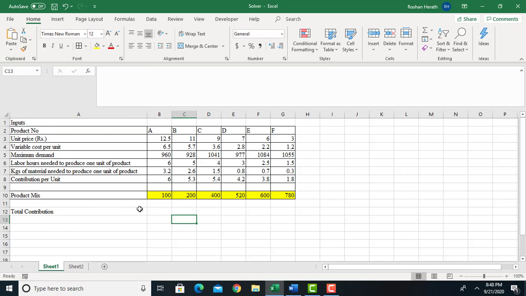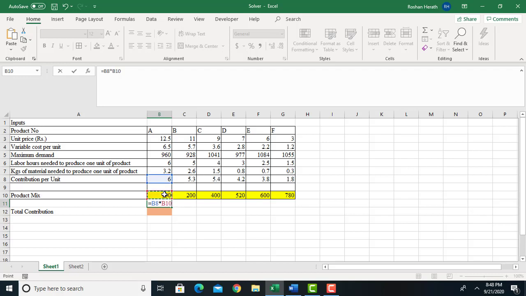So when you come to the total contribution, one way that you can generate this answer is simply multiplying the contribution per unit by product mix, and thereafter you can add them together. So you multiply the contribution per unit by the product mix and you get the contribution for each product.